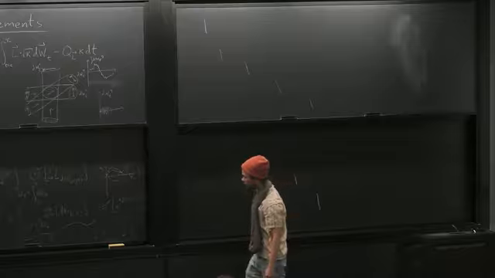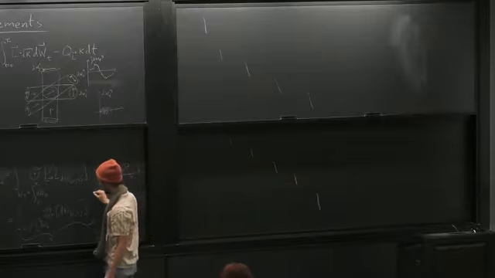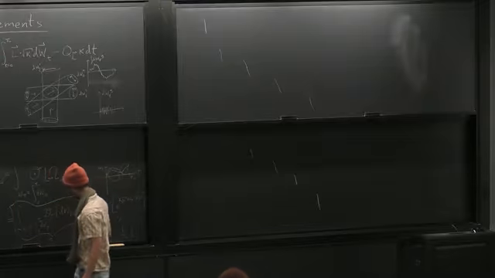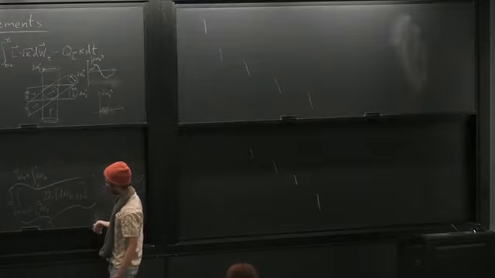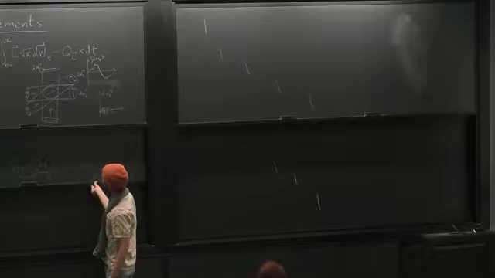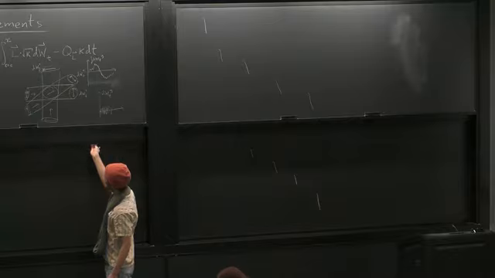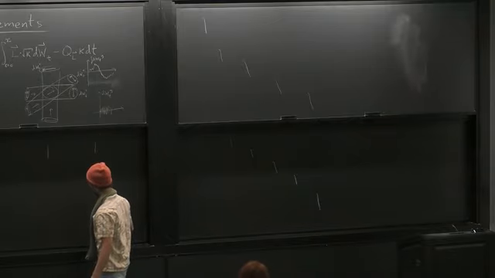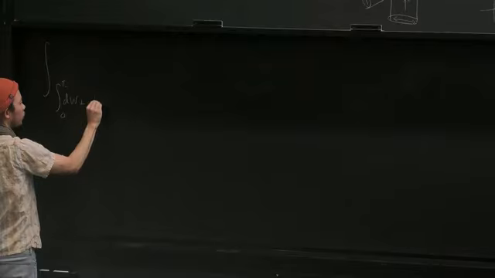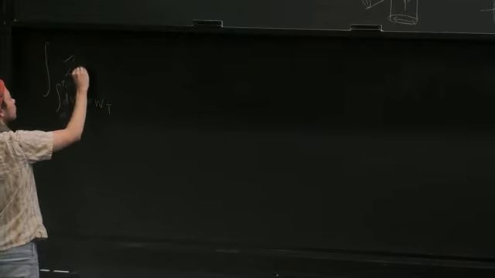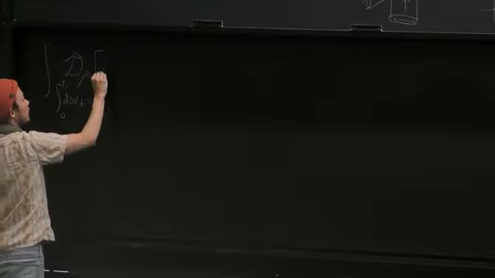Okay. So right now, we just want to calculate what this is. So I'm going to just rewrite it. Okay, so again, we want to know what this guy is.